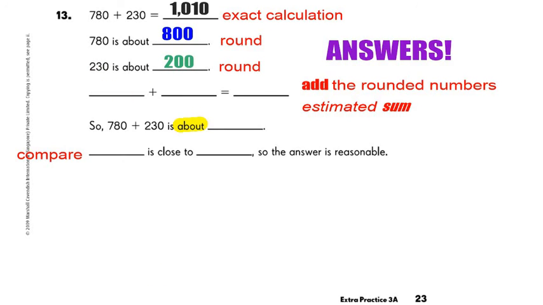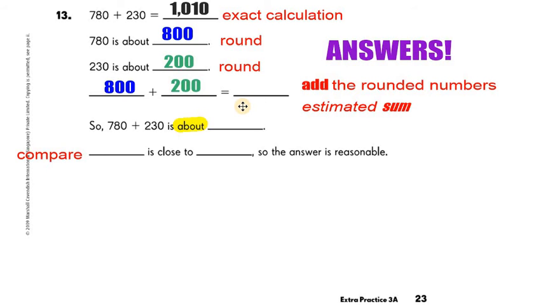And now I need to add. I'm going to add this 800 to this 200. And when I add 800 and 200, I see some friendly numbers. I see 8 plus 2. I see 8 in the hundreds place plus 2 in the hundreds place.